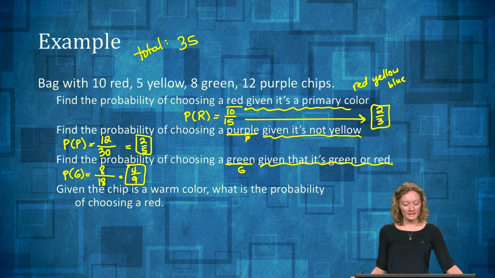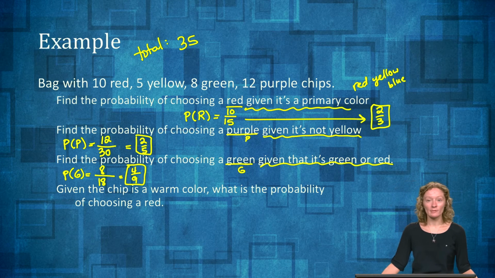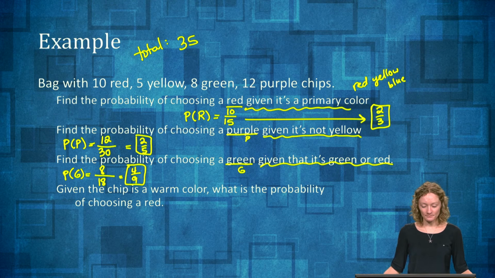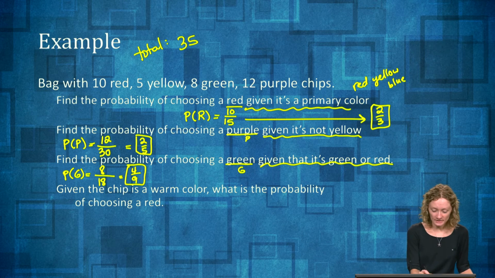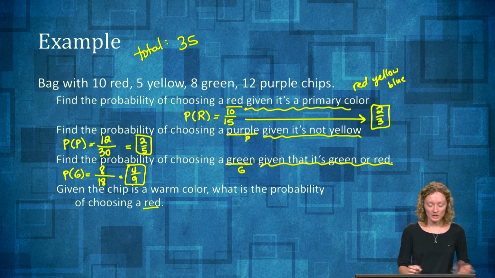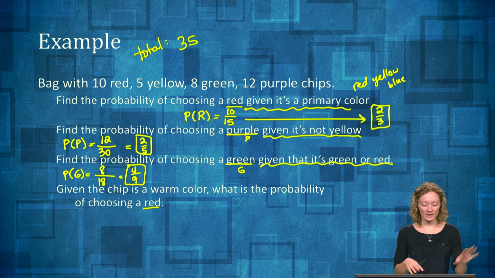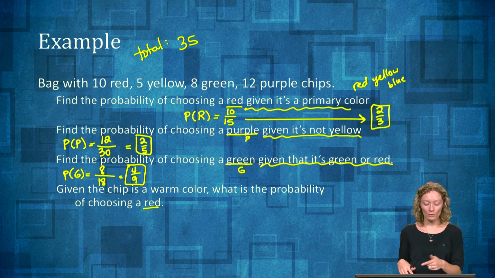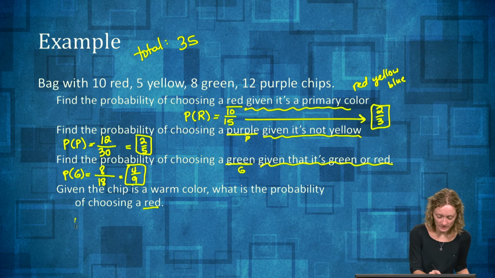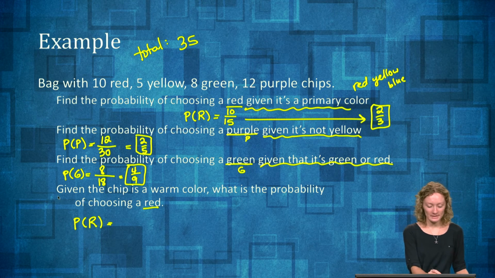One more. Given the chip is a warm color, what's the probability of choosing a red? Red is the event. Probability of choosing a red. Just because the given's in front doesn't change anything. Given tells you denominator, what's the probability of, and then your event. So we want probability of red. Given the chip is a warm color, this tells us denominator.